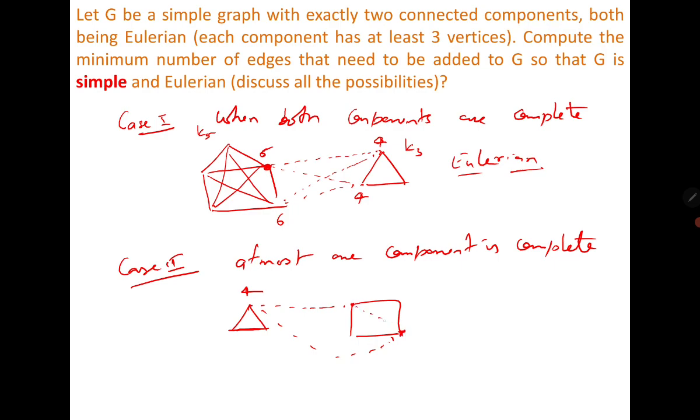In this case, you can introduce only one edge, and by adding it, its degree is 4, its degree is 4, and you can say the graph becomes Eulerian. Therefore, both the cases are important. So in this case, minimum 3 edges need to be added to make it Eulerian, but in case 1, 4 edges need to be added. And this is why I gave a hint that discuss all the possibilities.